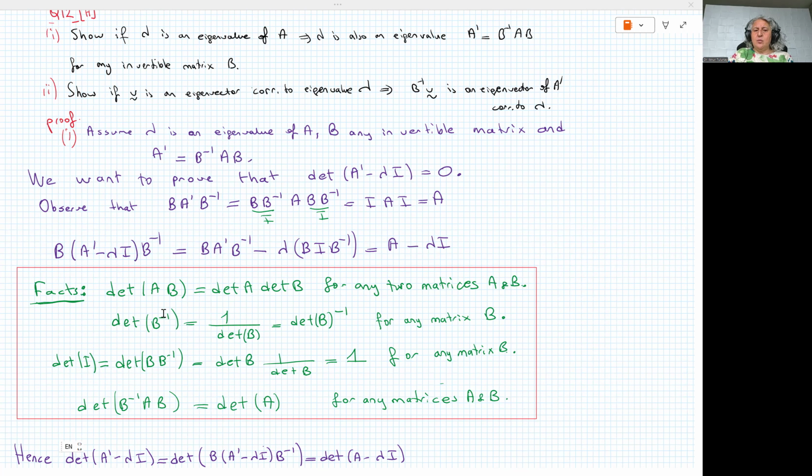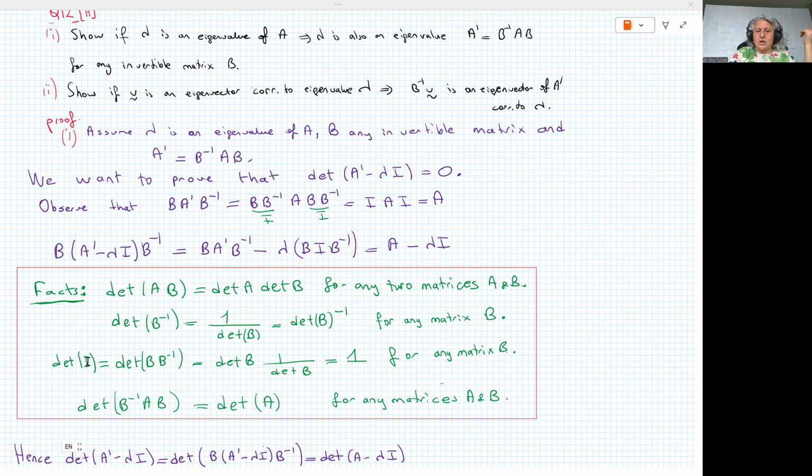The determinant of B inverse is 1 over the determinant of B. The determinant of the identity matrix is 1, because you just multiply the diagonal entries, all of which are 1.